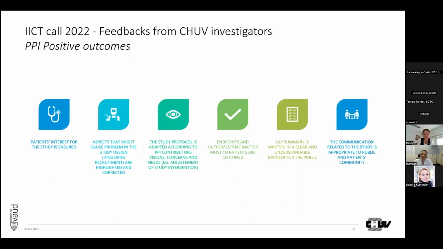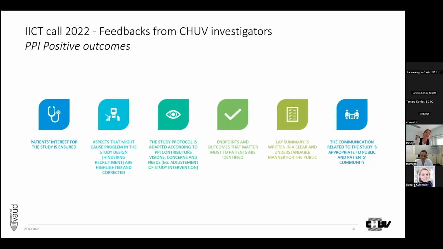What were the PPI positive outcomes that were reported from the field? Investigators said that those actions showed there was an interest from patients regarding their study. They could also highlight aspects that might cause problems in their study design and that could hinder recruitment.